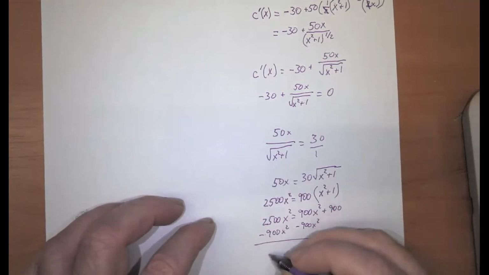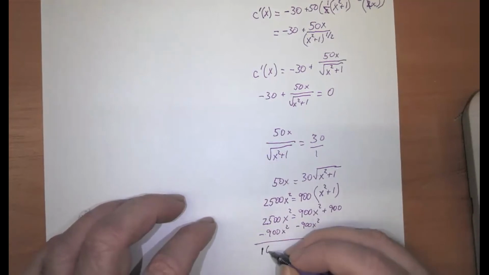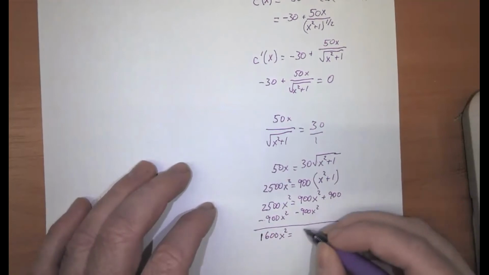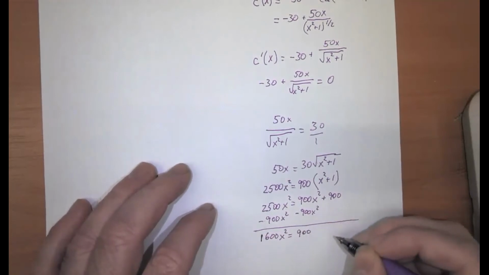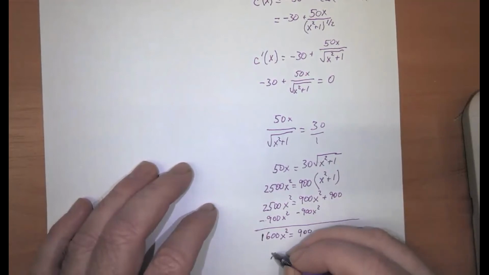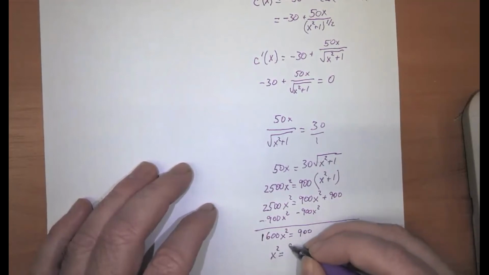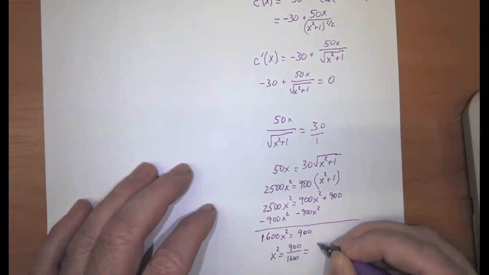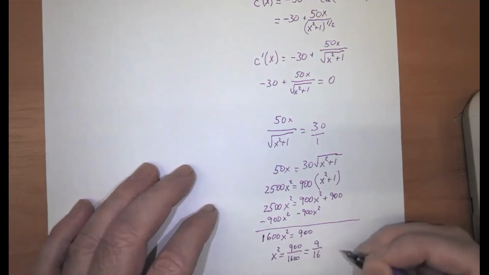We can subtract 900 from both sides. And so 1,600x squared is equal to 900 is all that's left on that side. So we'll divide both sides by 1,600. And that tells us that x squared is 900 divided by 1,600, which we can simplify as 9 over 16.